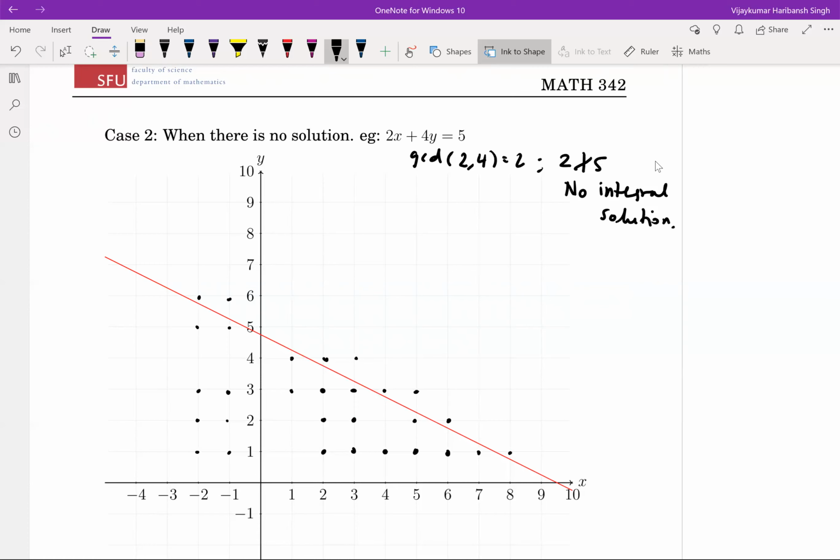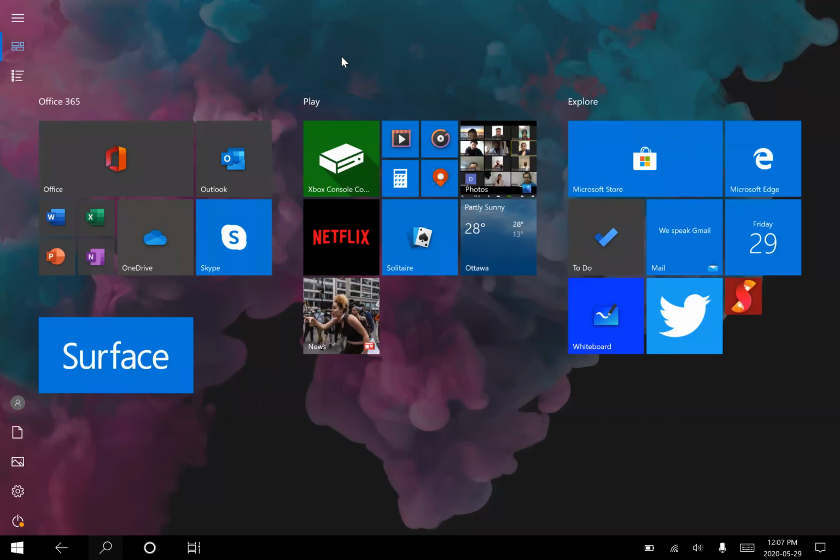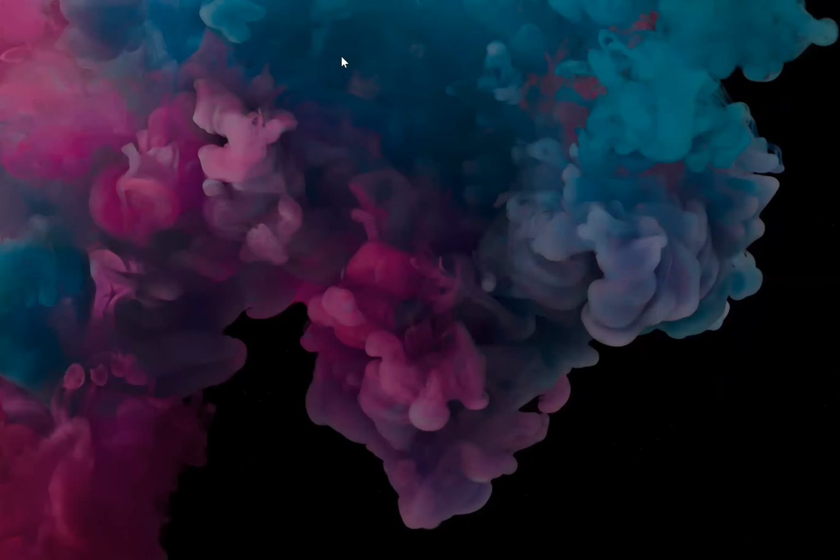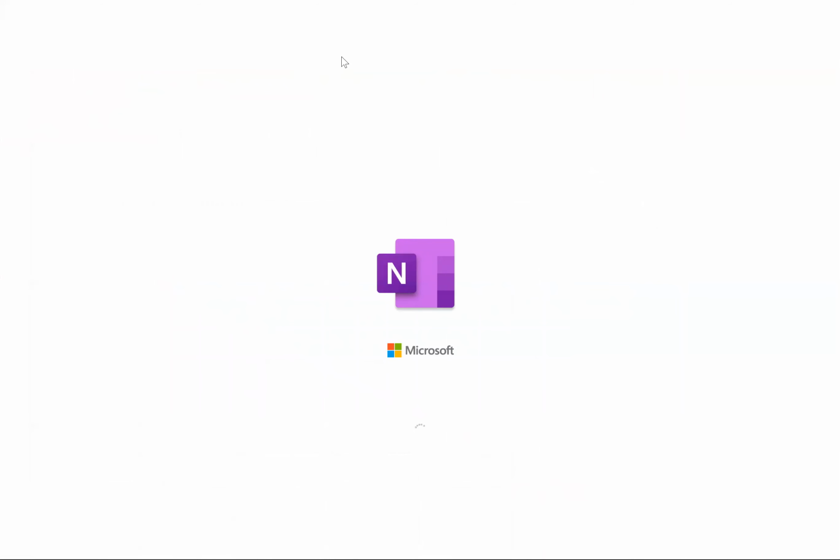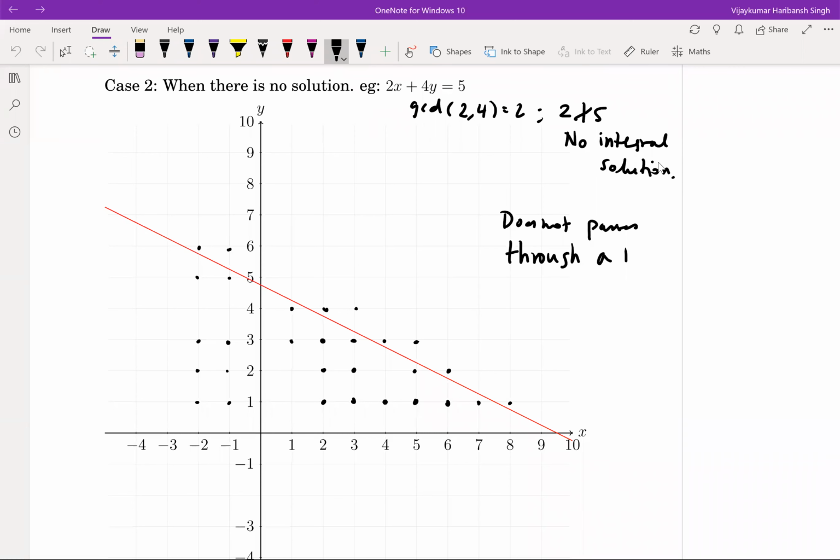It will never cross a lattice point, so it does not pass through a lattice point. So no integer solutions.